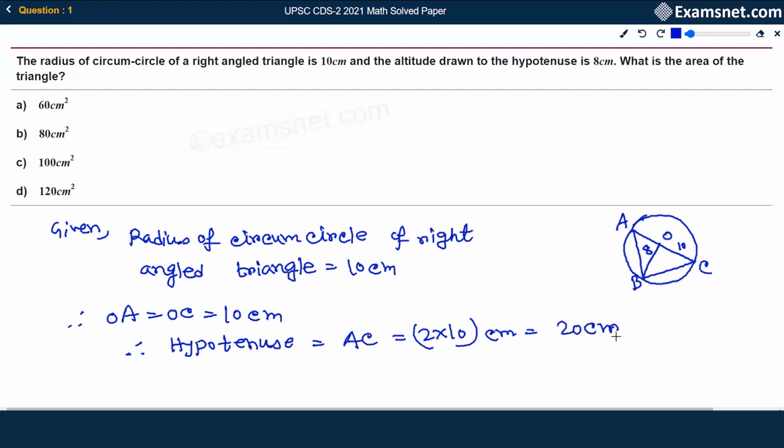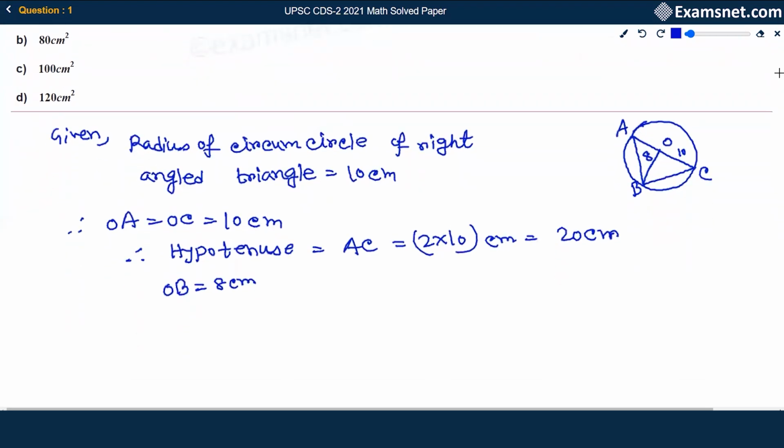Now, the altitude drawn to the hypotenuse is already given, OB equals 8 centimeter. Now remember the general formula for finding the area of a triangle: half into base into height. So if we consider base as AC, then the height will be OB, right?